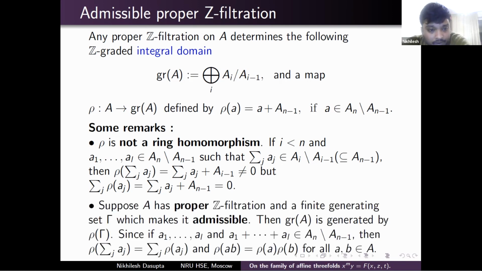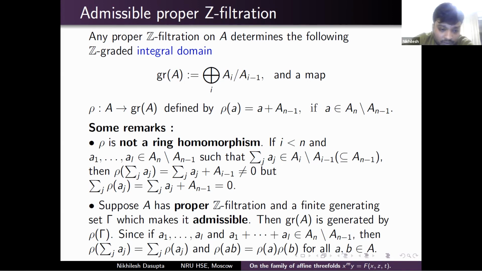But suppose A has a proper Z filtration and there is a finite generating set gamma which makes it admissible, then GR(A) is generated by rho(gamma). Since if a_1, a_2, ..., a_l belong to A_{n-1}, rho of the product will be this, and this multiplicative property will hold. So for an admissible proper Z filtration, GR(A) will be generated by the image of this set gamma.